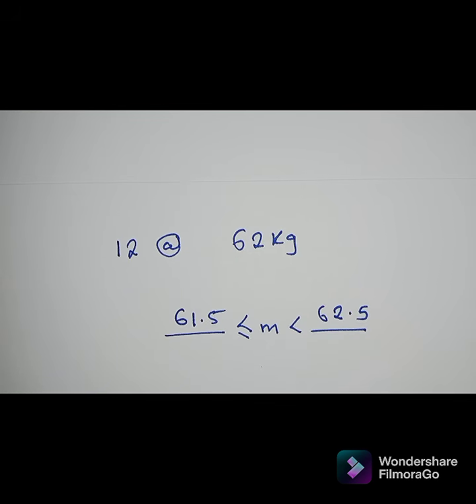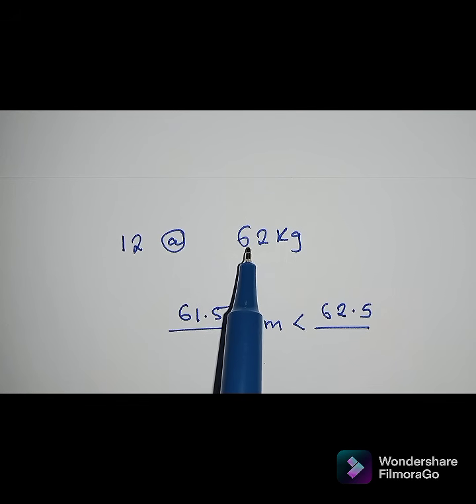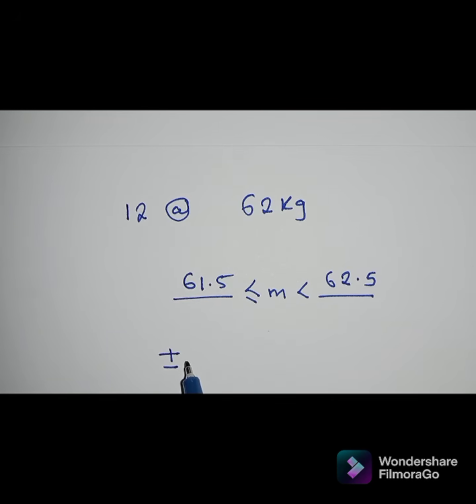Maybe you may be wondering, these are bounds. This is the lower bound and this is the upper bound. Since we are dealing with the nearest kilogram, and this is a whole number, we need to find the absolute error of this number, which is plus or minus 0.5.